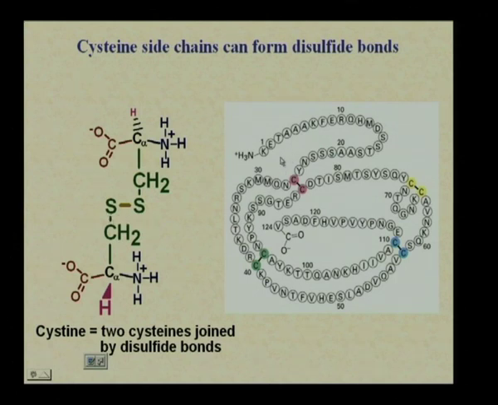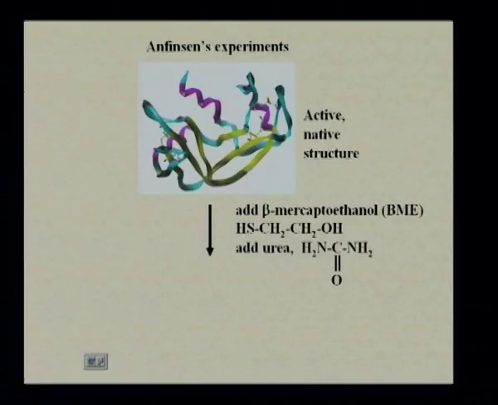Now, I mentioned this experiment where the whole protein chain was unfolded and it was found that exactly the same disulfide linkages were formed. I will just go through that experiment once. Now, when we look at a protein structure, which we will be doing in the classes to come, this is what is called a native structure, an active native structure.